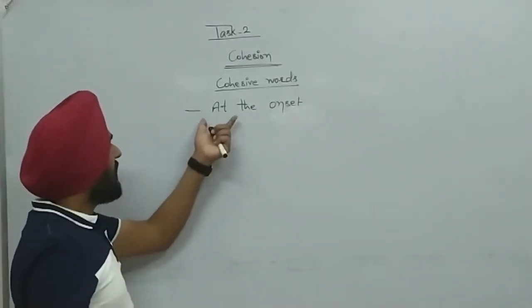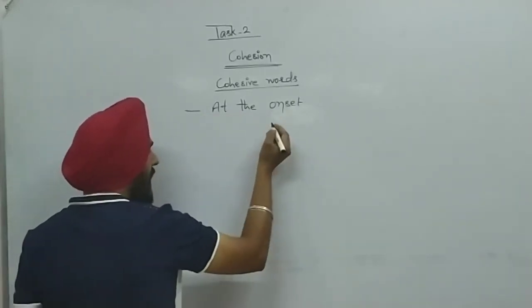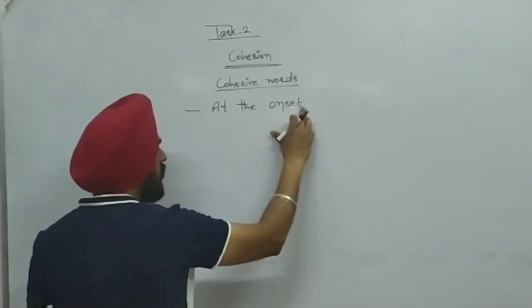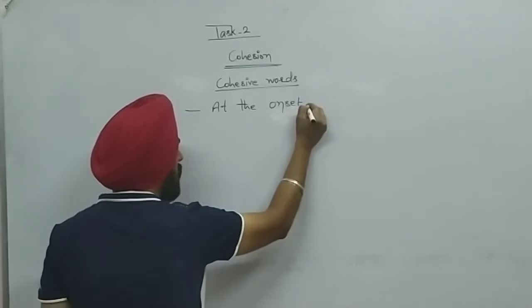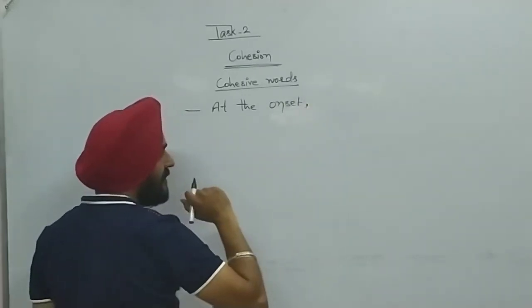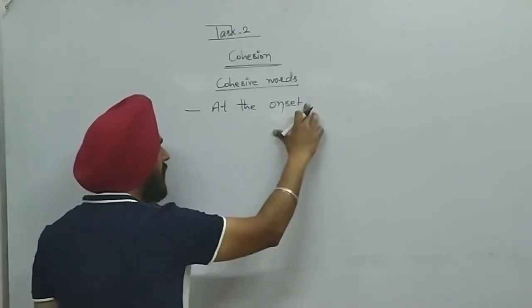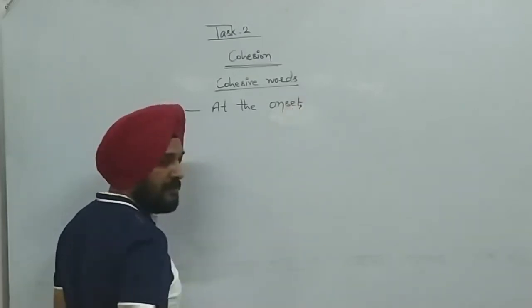Take care that the first letter of the connector is capital, and at the end of the connector there should be a comma. There should not be any space between the word and the comma. You should not write it like that; this is an error called comma splash. So as to avoid that, we should write a comma here.